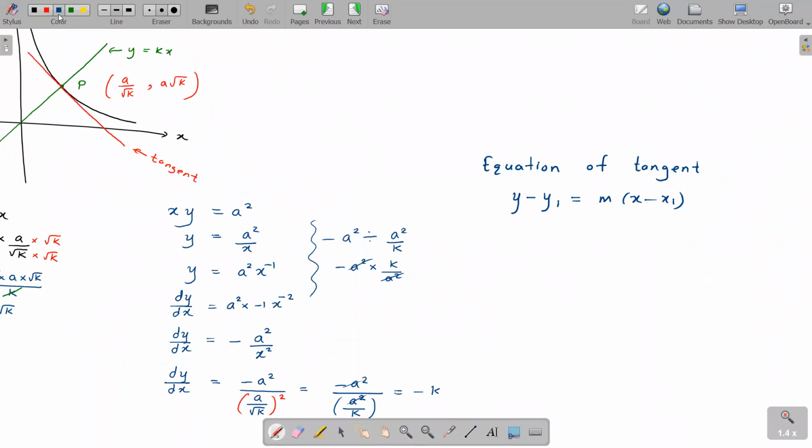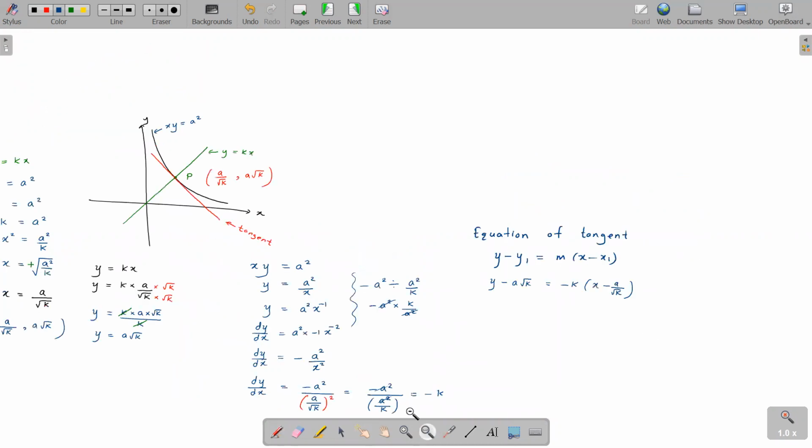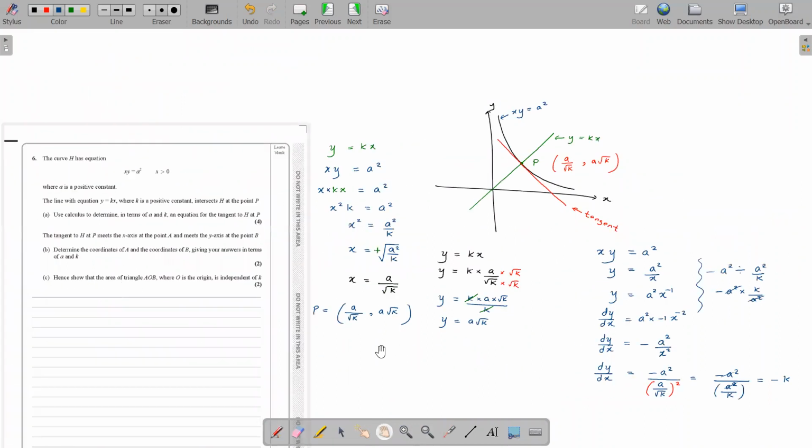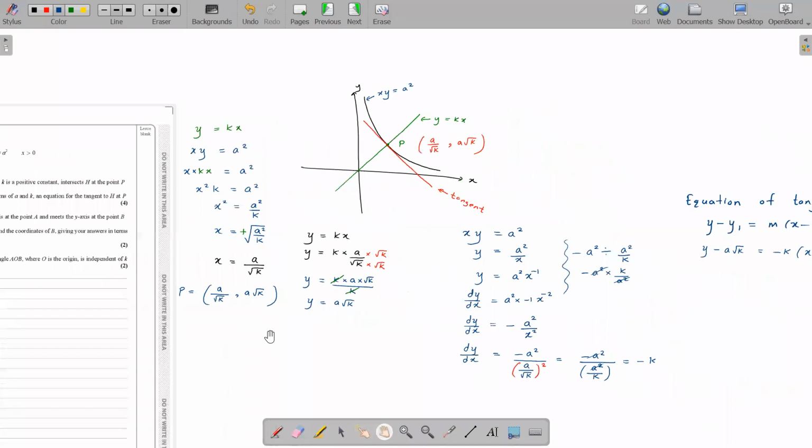So y minus y1 is a root k, right? Gradient is minus k, times x minus x1, which is a over root k. This is what we get, right? And they ask us to get the equation of the tangent: use calculus to determine, in terms of a and k, an equation for the tangent.